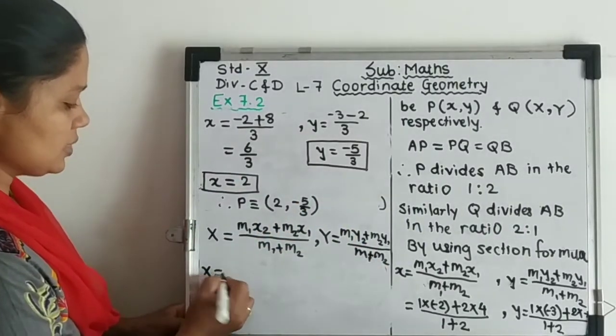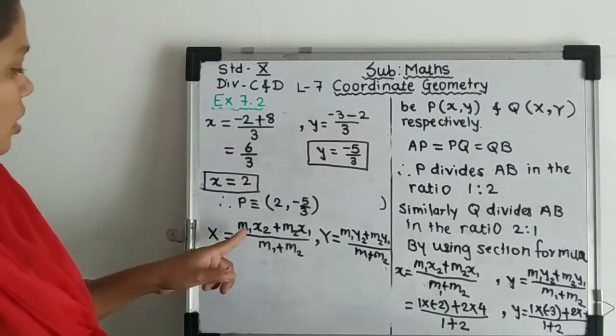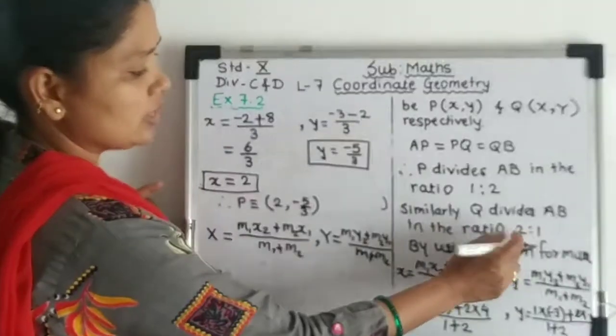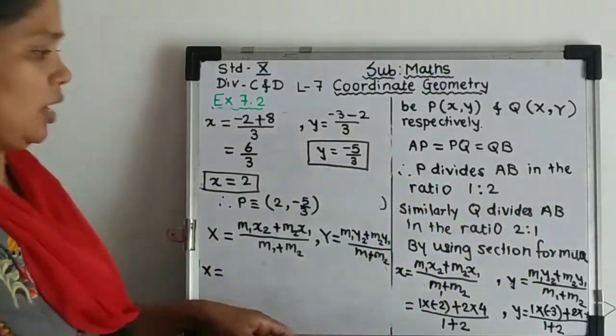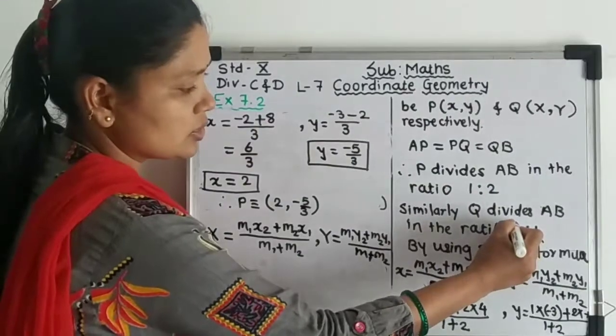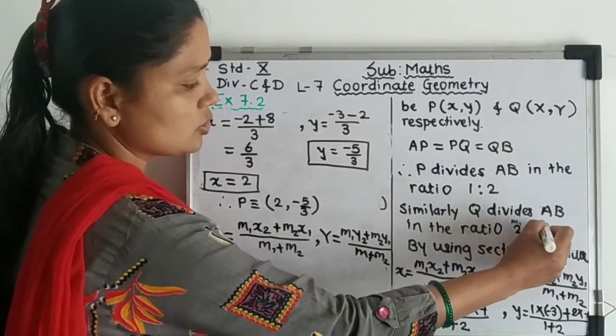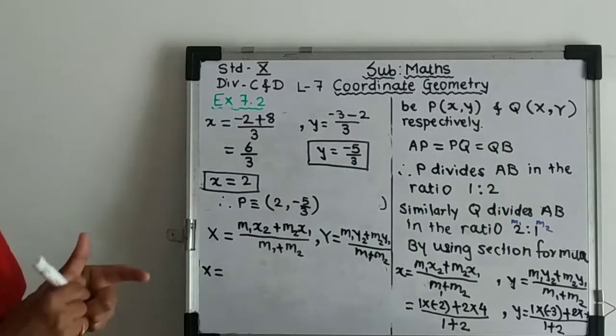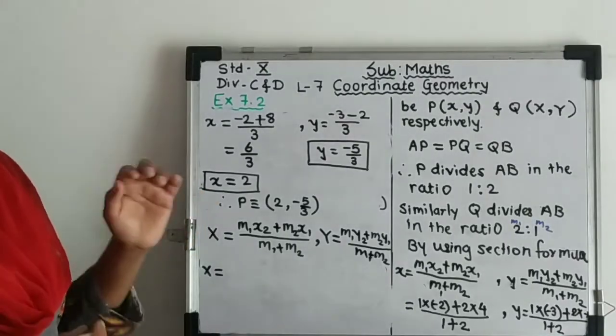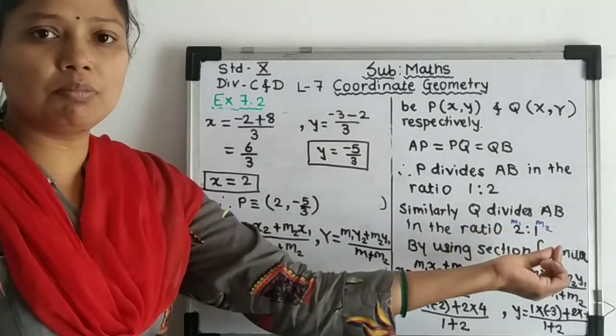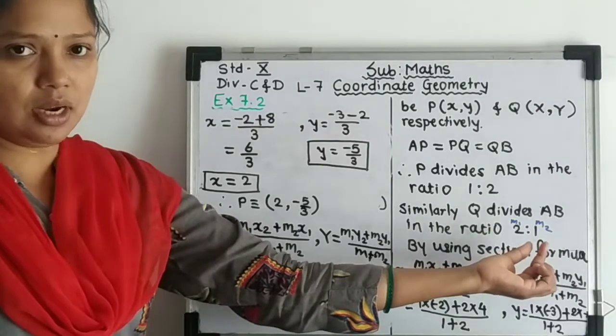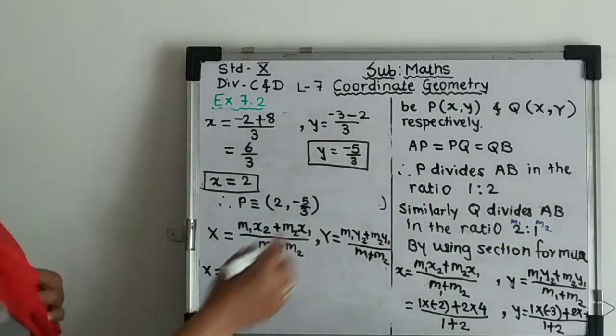So our x is equals to, see, for Q we are taking this m1 and this is m2. I'll write here, this is your m1 and this is your m2. If you are not understanding, then keep on writing above the numbers those letters, right? Or the ratios, just write it down above it.